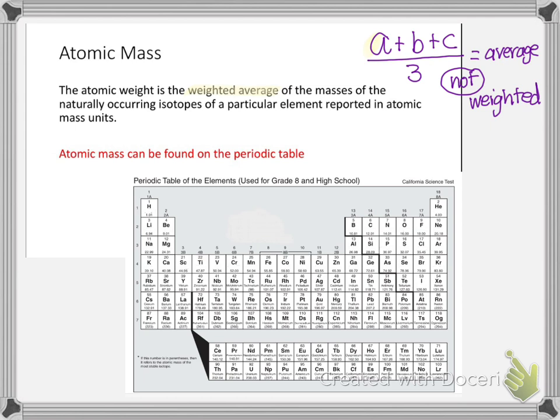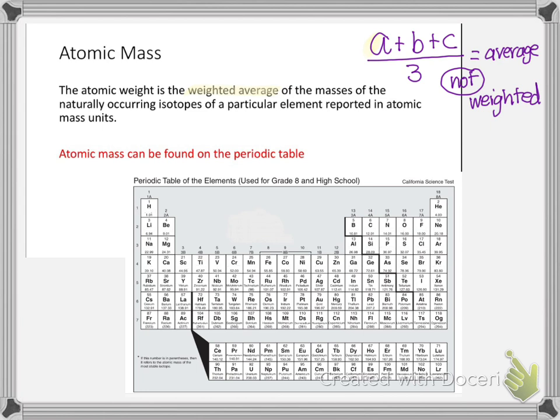What they did is they said, no, we're going to take into account how much of each isotope there is. And so if there's 80% of carbon-12, which I think there's more like 90+%, but I'm just making up numbers because we don't have to memorize it. Let's say there's 80% of carbon-12, 15% of carbon-13, and 5% of carbon-14, we're going to take into account how much we have of each.